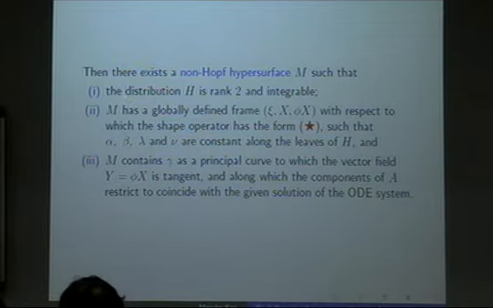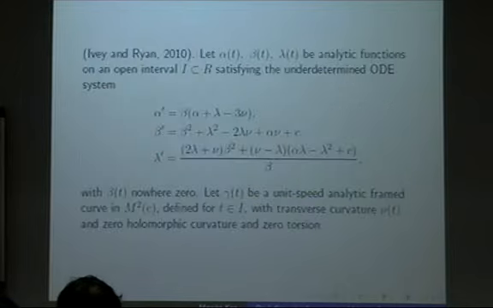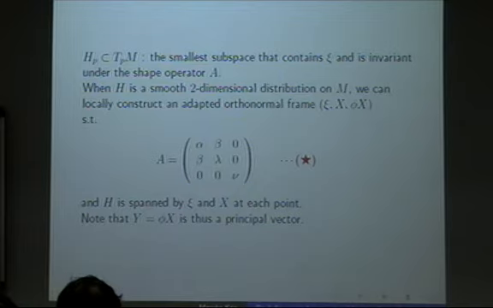And M has a globally defined frame xi, X, phi X, with respect to which the shape operator has the form star. That is, the shape operator can be represented by this form.